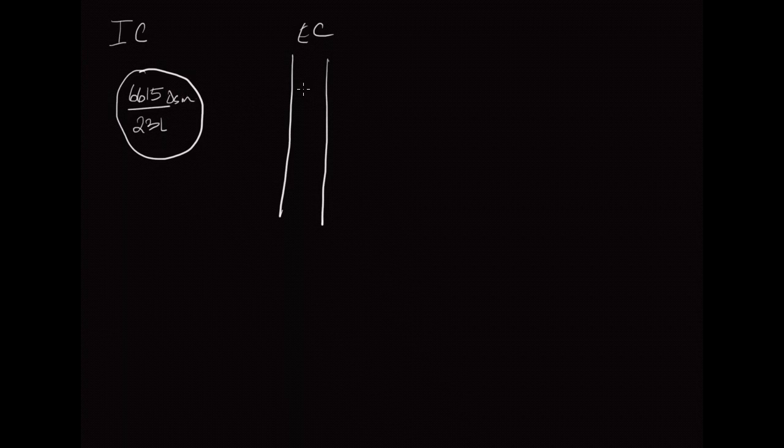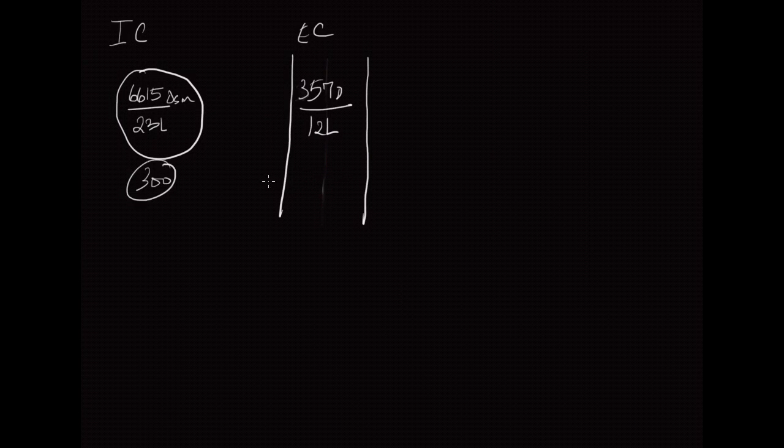And in the extracellular compartment we have 3,570 osms over 12 liters. Now, if you did this math, you'd realize that the osmolarity here is 300, and the osmolarity here is 300. And that's how it should be. They should be equal osmolarity.